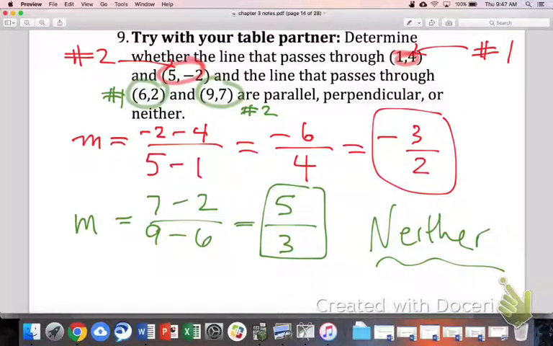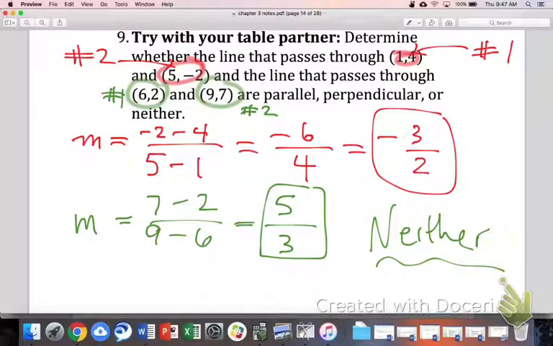Okay, Grace, go ahead. So couldn't you just graph these two? So graphing is kind of tough. I mean, I don't know if you noticed, when I was trying my best with the graphs before, as hard as I tried to make the lines look parallel, it was hard to make them perfect. And same thing with the perpendicular. They were fairly close, but it's really hard with a graph to judge this.